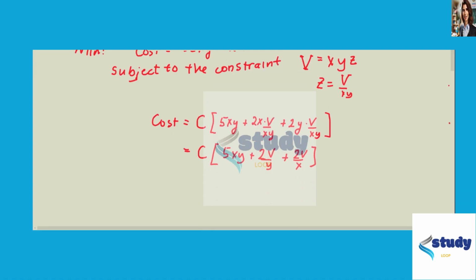All right, so now what we do is we take the derivative with respect to X and we take the derivative with respect to Y, and then we use them to find out what X and Y are. And then once we know X and Y, we'll go back and figure out what Z is.